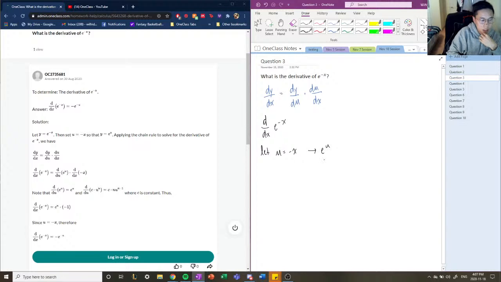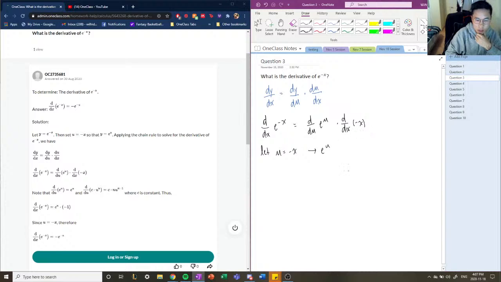Now that we're applying the chain rule, this would be equal to dy of du, which is e of u, times du of dx. Our u is negative x, so it's times d of dx of negative x. You see here that we broke up our function within a function by using u as a placement variable for now.